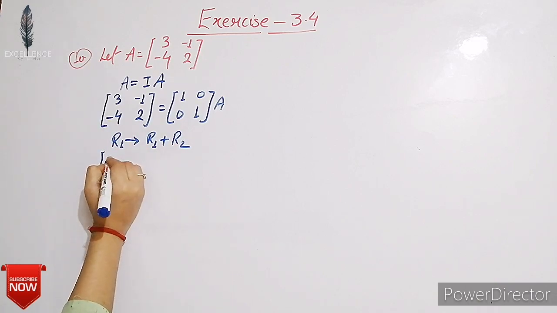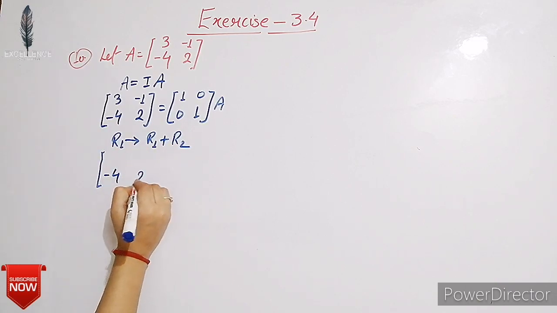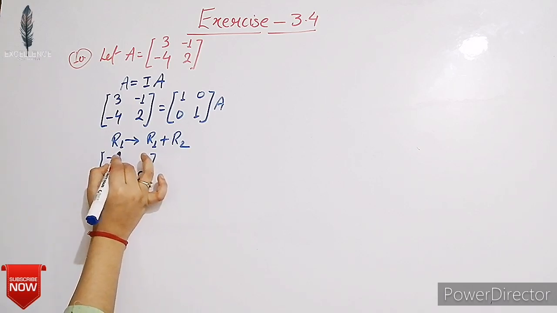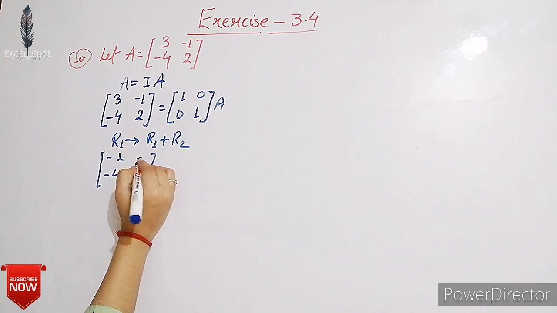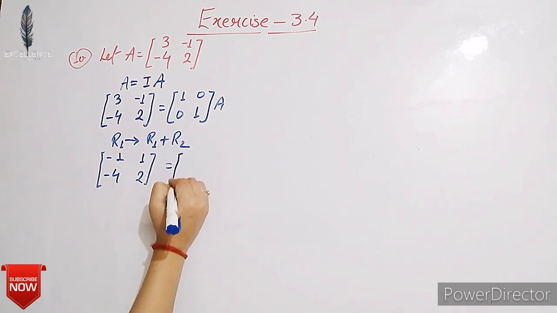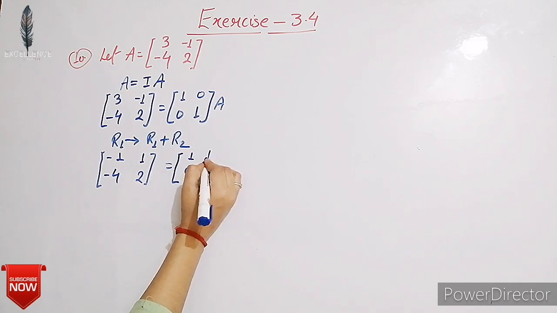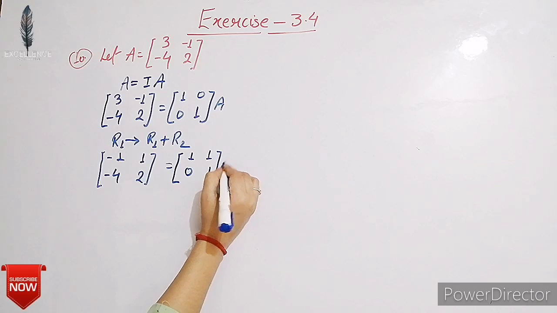So we get easily 1. Then R2 is same minus 4 2 and R1 becomes minus 1 and it is plus 1 is equals to R2 same, apply changes R1, then we have 1 1.